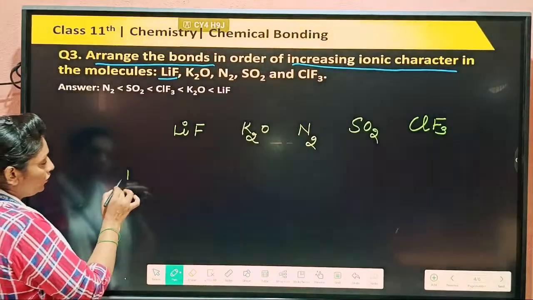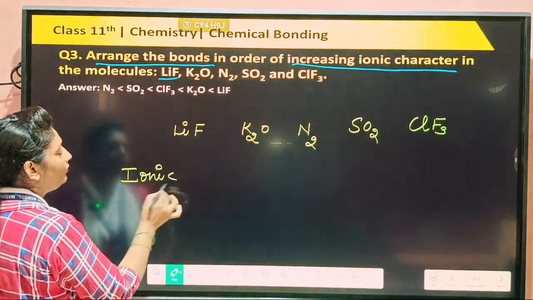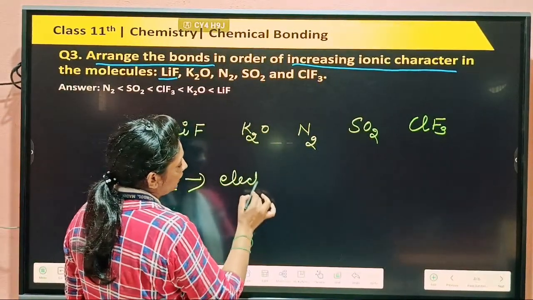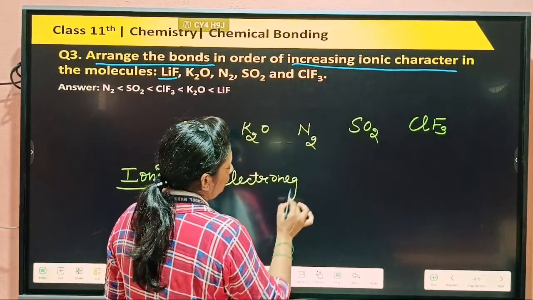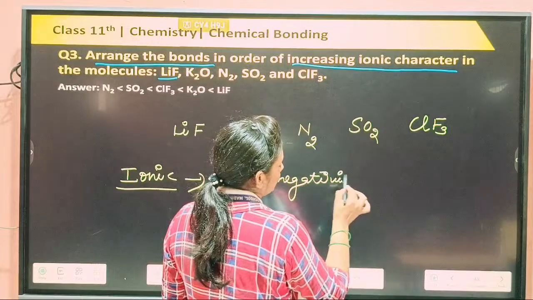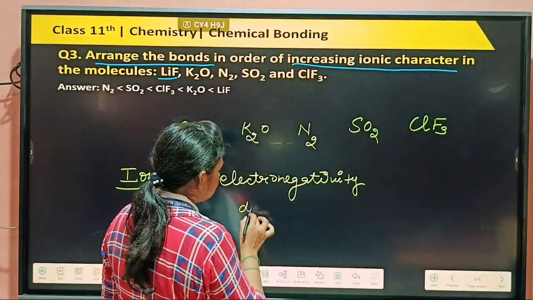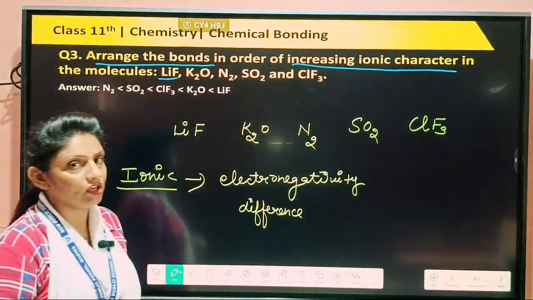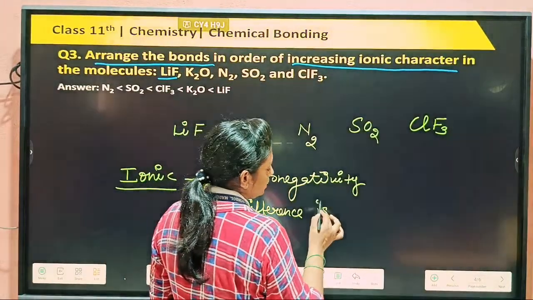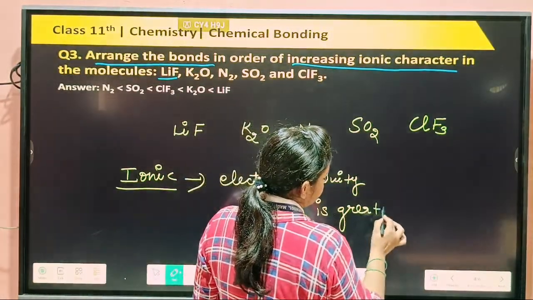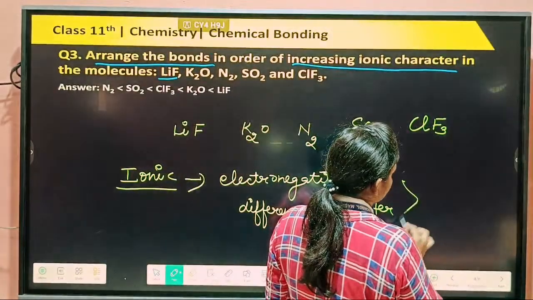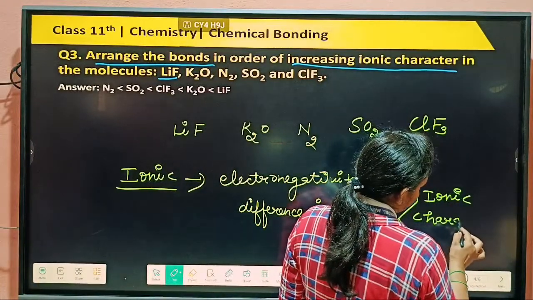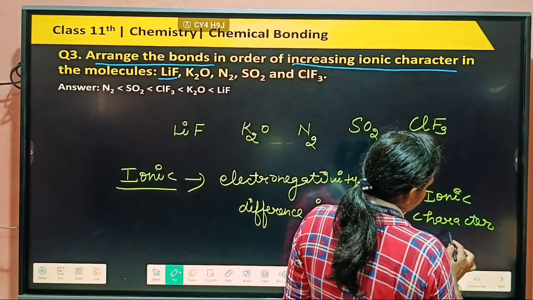Students, in the case of an ionic bond, what is the property of the ionic character? If the electronegativity difference is more, or we can say is greater, then ionic character also increases.